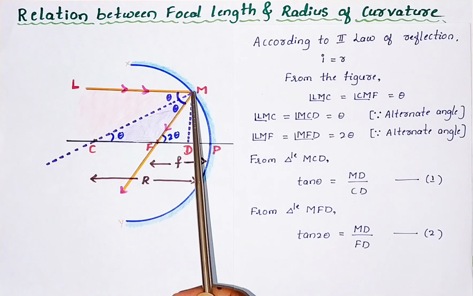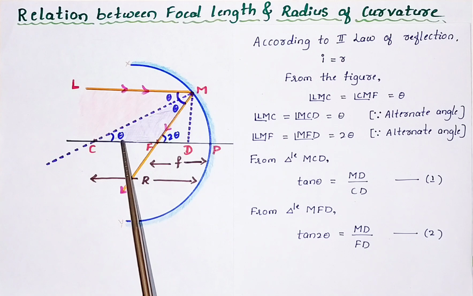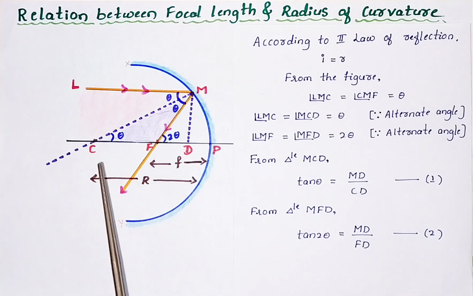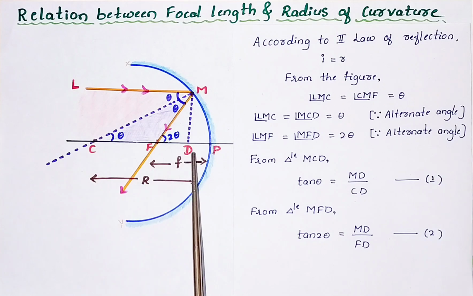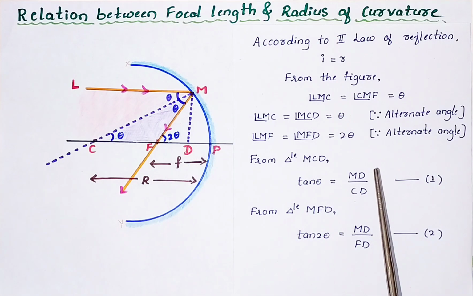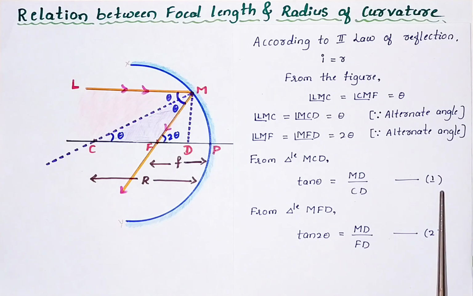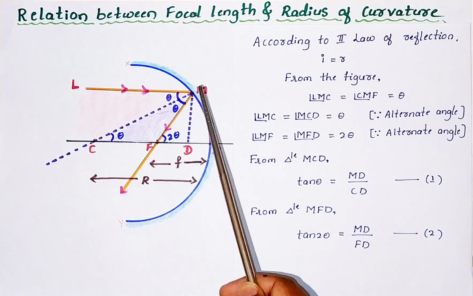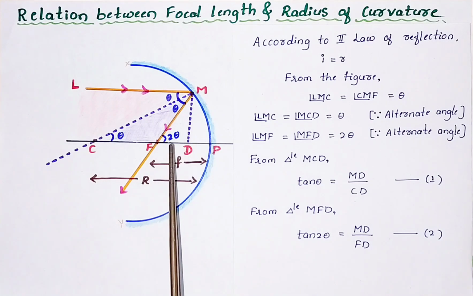So from the triangle MCD, tan theta equals the opposite side MD divided by the adjacent side CD. Let us take it as equation number 1. Similarly, one more triangle, that is triangle MFD. Here we can easily find tan of 2 theta.